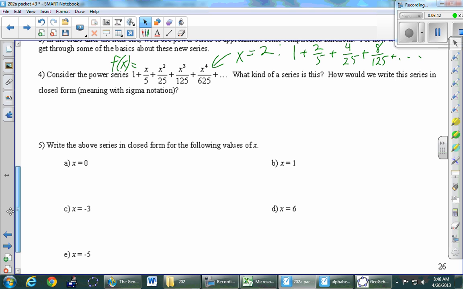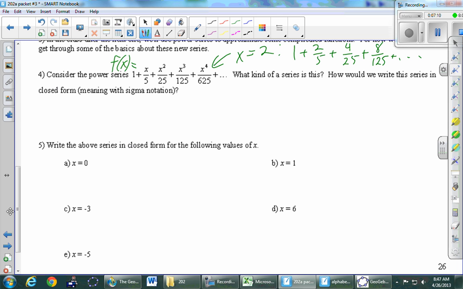So let's take a look at number 4. Ernie. Consider the power series 1 plus x over 5 plus, and so on. What kind of series is this? I'm saying what kind of series, so it must have a name.